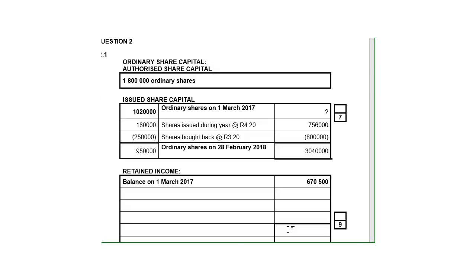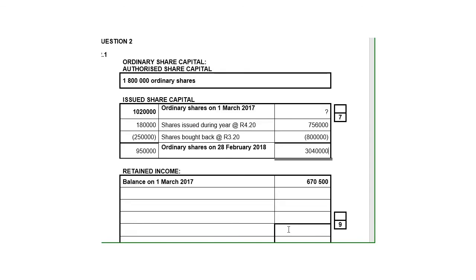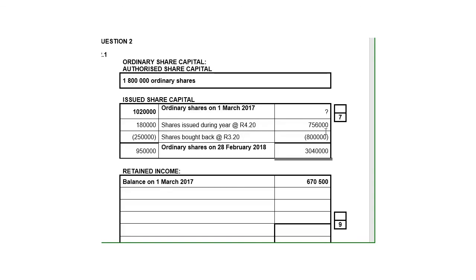Let's just work it out. So the balance at the beginning, I take the balance at the end, which is the 3,040,000. I add the 800,000 and I minus the 756,000.